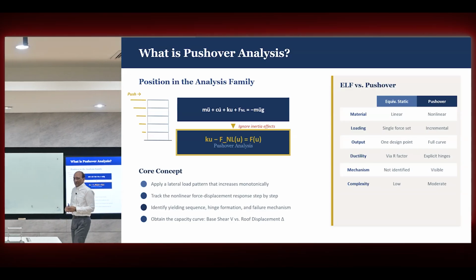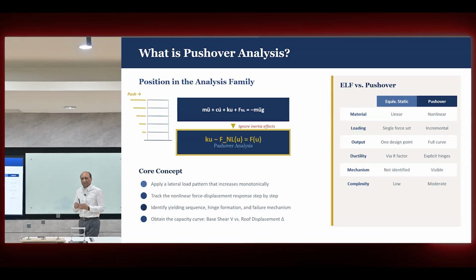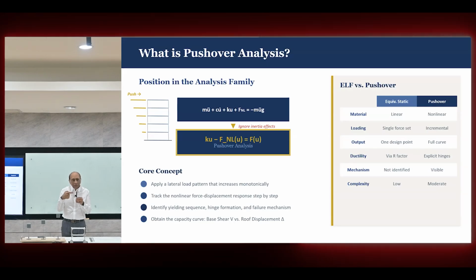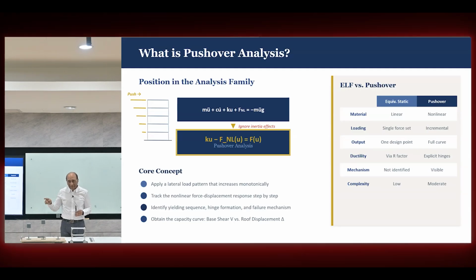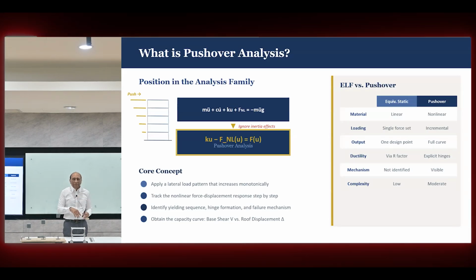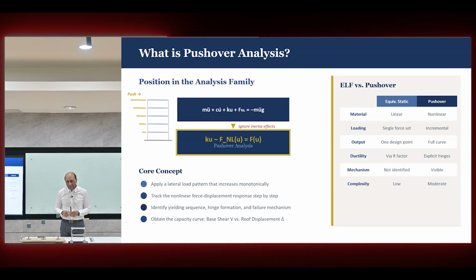It is the same concept: you take the structure and apply a force on it, and the pattern of the force is assumed to be pre-known, unlike the response spectrum or the time history, which depend on the ground motion during the dynamics. The dynamic effects are now taken out. We go back to statics, the first method, with one change: we are not going to use the linear equations anymore.